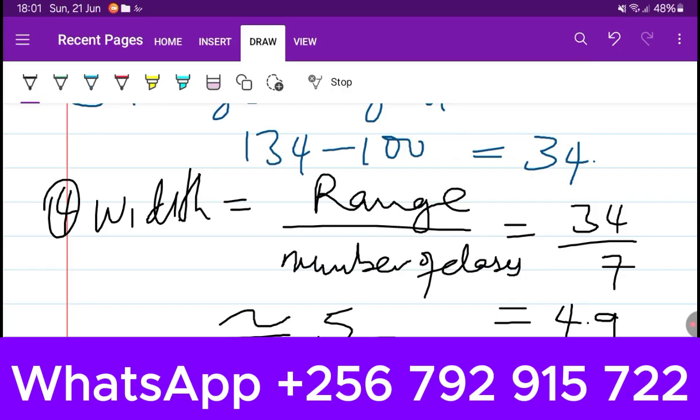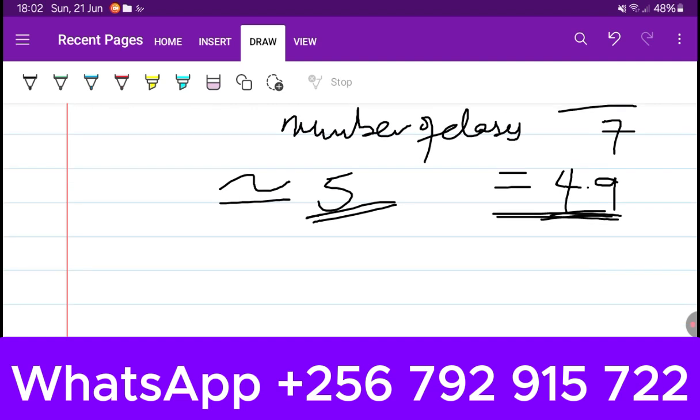So when we are done with that, we go to step number 5, of course, where we select the starting point. We said the starting point can be picked from the lowest value. And that starting point is always our lower class limit for the first class.